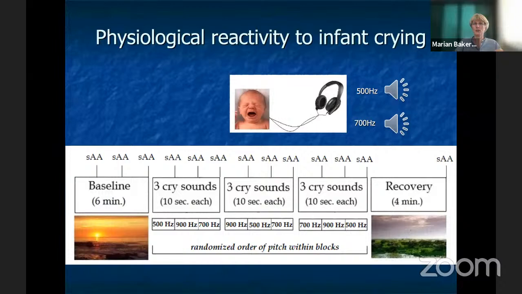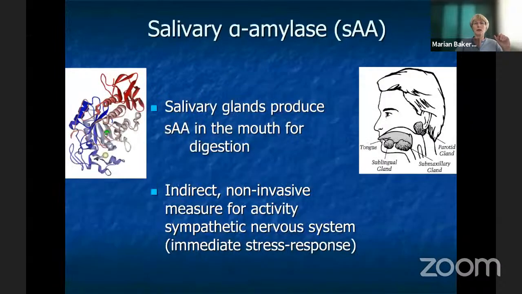Moreover, we measured their physiological reactivity to infant crying from their saliva. We measured salivary alpha amylase during 3 bouts of listening to infant cry sounds, with a baseline before and a recovery phase afterwards. What is salivary alpha amylase?